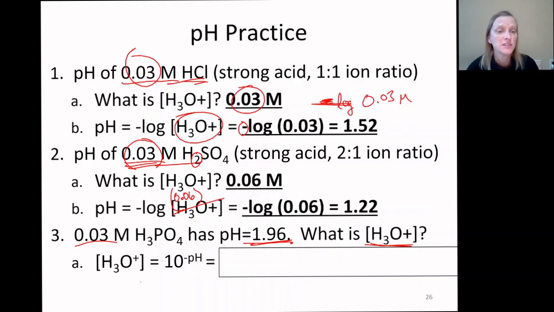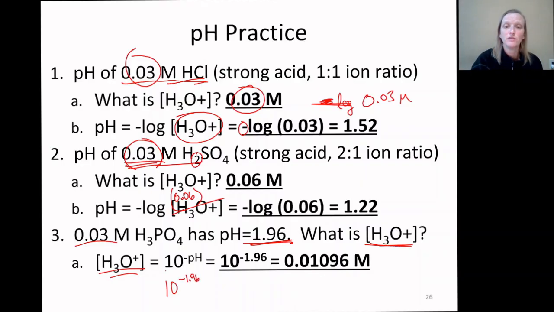So for this equation, to calculate the hydronium ion concentration, I need to take 10 and raise it to the negative pH power. So I need to take 10 and raise it to the negative 1.96. And if I do that, I get 0.01096 molar as my concentration, specifically of the hydronium ion.